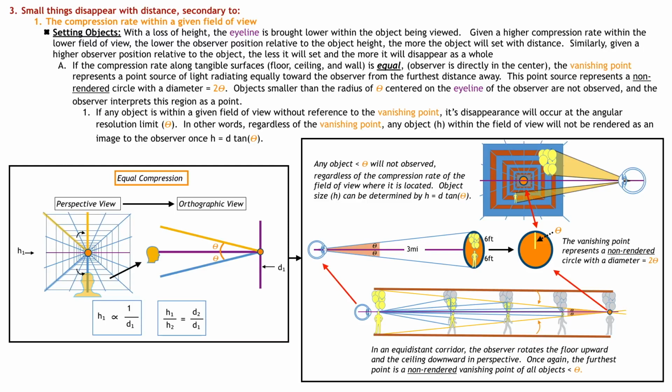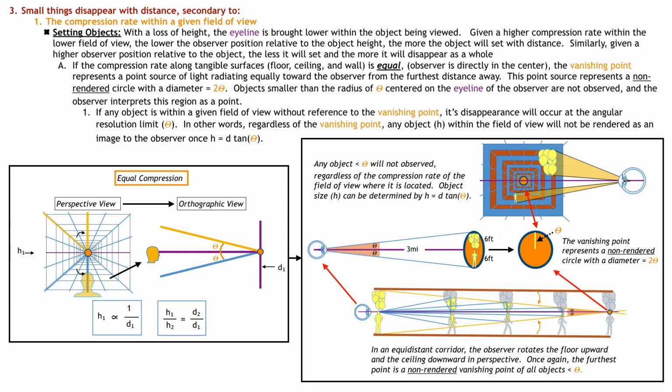Within the diagrams here, we are again showing that we are within a hallway that has equal compression between the floor, the ceiling, and the walls, and the observer eye position is directly in the middle of the hallway. And so within 1 point perspective, we would view the hallway a certain way.